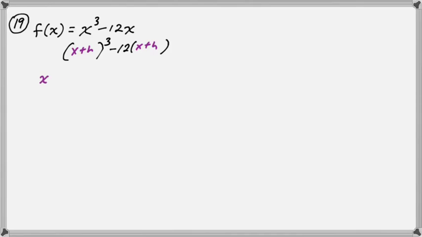So it would be x cubed plus 3x squared h plus 3xh squared plus h to the third. When you distribute, you'd also have a minus 12x and a minus 12h.